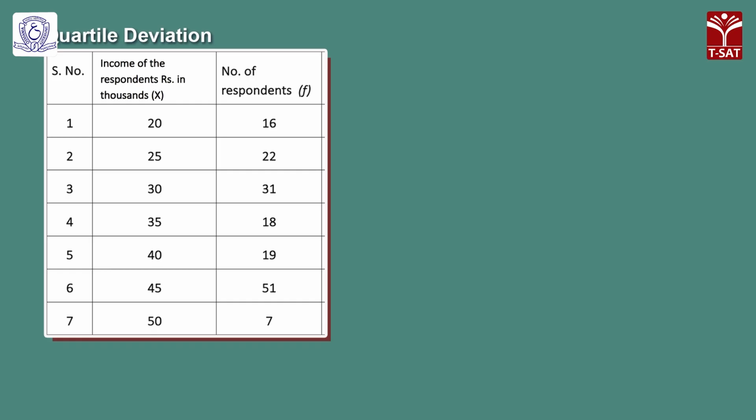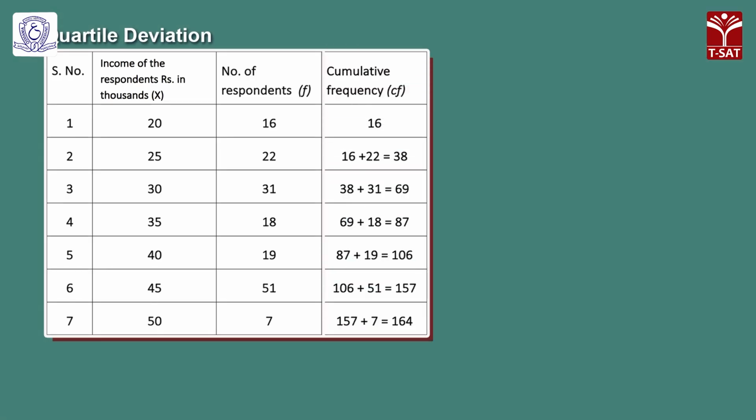In the first one it is 16, so we simply keep 16. In the second column, 16 plus 22 is equal to 38. 38 plus 31 is equal to 69. 69 plus 18 is equal to 87. 87 plus 19 is equal to 106. 106 plus 51 is equal to 157, and 157 plus 7 is equal to 164. So we have calculated the cumulative frequency.